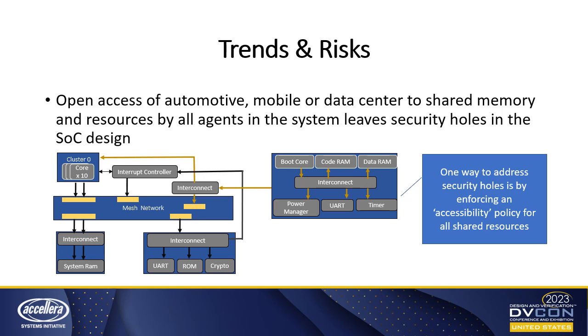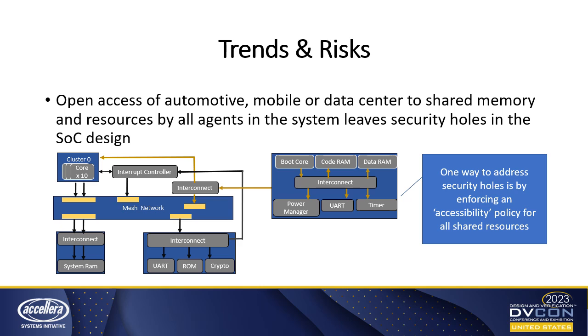Security as a concept is very broad and deep. In this presentation, we'll deep dive into an aspect of security generally found in modern designs. All modern SoCs have multiple memories and resources that are shared by multiple agents in the system. The security of the entire system could be compromised if an unauthorized agent gains access to these shared resources or memories.